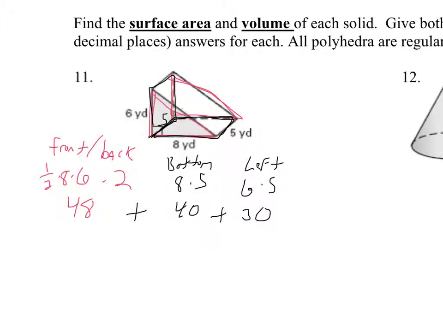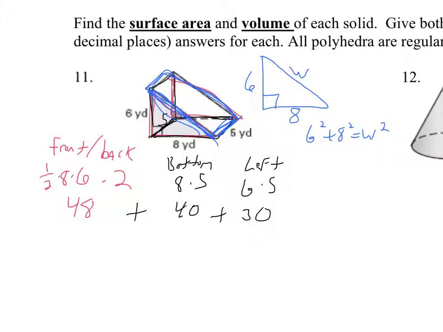And so the part that we haven't done is the top, which is a rectangle. It's a slant. It is a rectangle. And we know it's 5 deep, but we don't know how wide it is, so to speak. And so you can see it's part of a right triangle that's 6 by 8. I'll just call this, how about W for width? And if we just do the Pythagorean theorem on that, 6 squared plus 8 squared equals W squared.